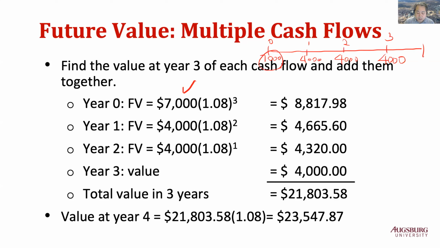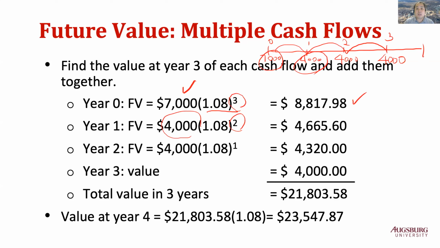These $7,000 will compound interest for 3 years. 8% 3 years will become $8,817.98.